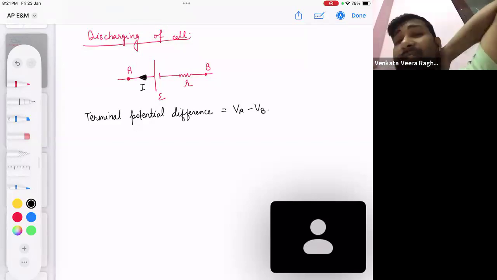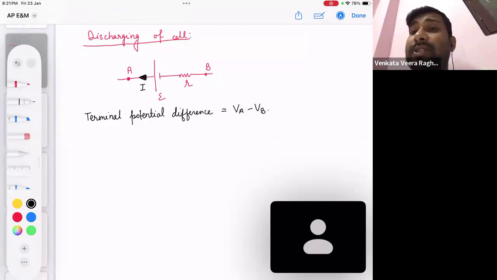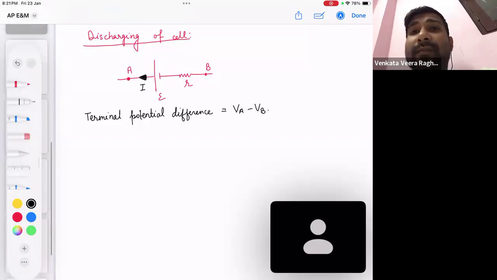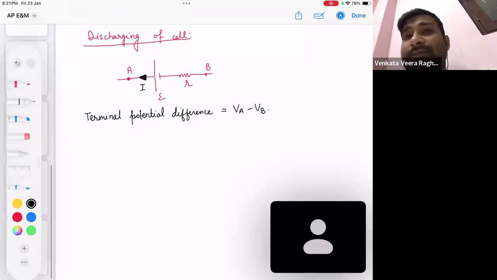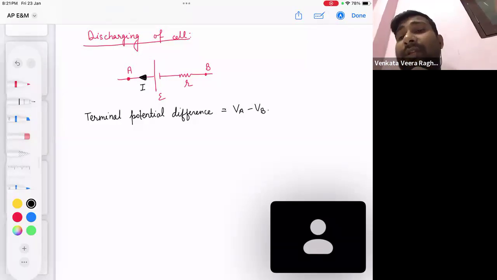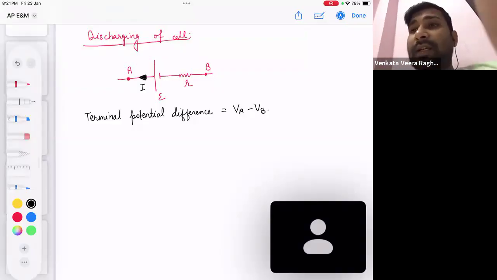So it is called the terminal potential difference, or just the potential difference across a cell. EMF is not always equal to the terminal potential difference of the cell. EMF will become equal to the potential difference only once, that also we will see.